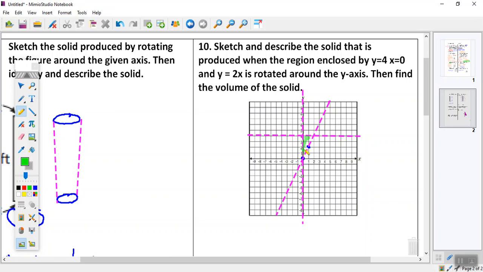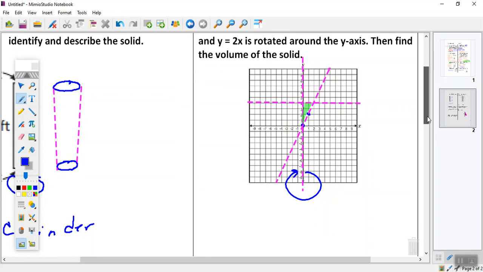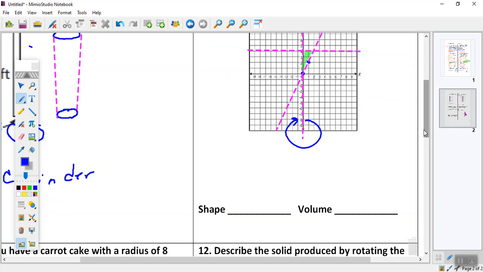And on this triangle, kids, you're asked to rotate around what? Okay, so we're going to rotate this triangle around the y-axis like that and find the value of the what? Well, guys, if we're rotating around the y-axis, maybe I should answer the first question down here: what shape's going to be formed?